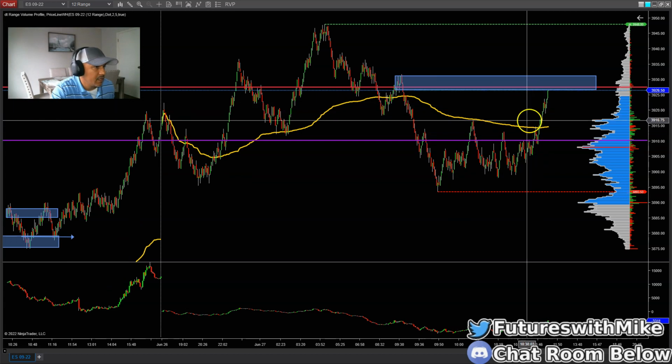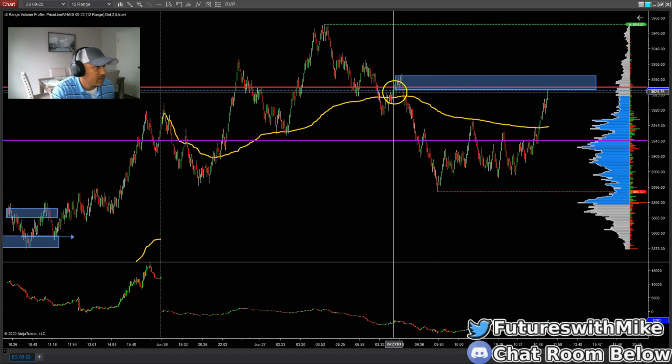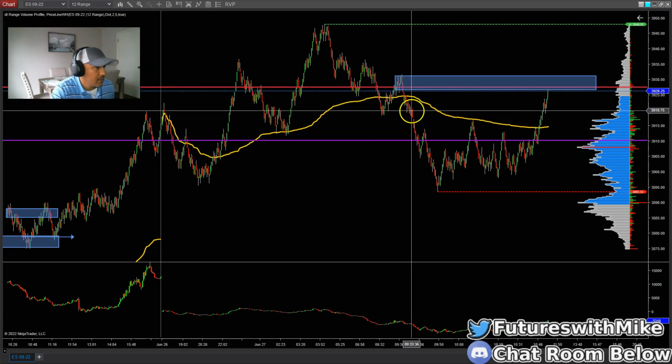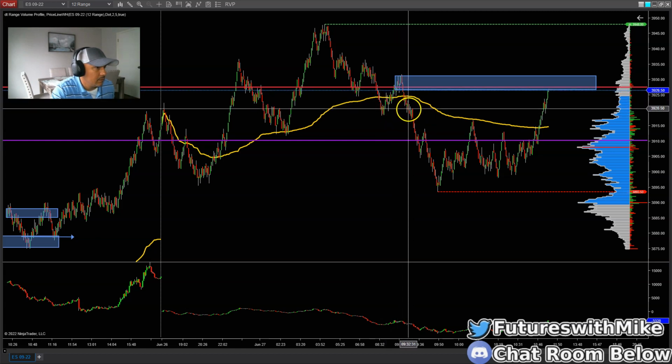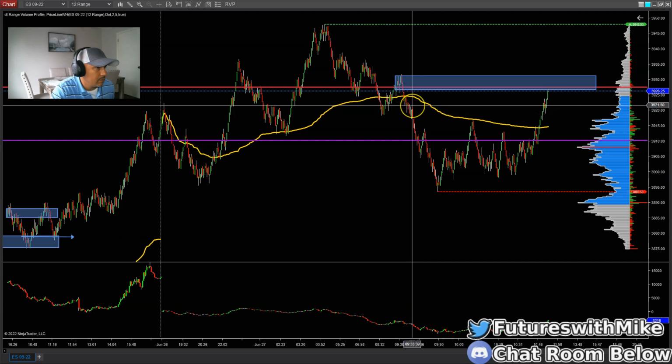Yeah, the market's pushing higher. Broke this area here, testing this area here, resistance.